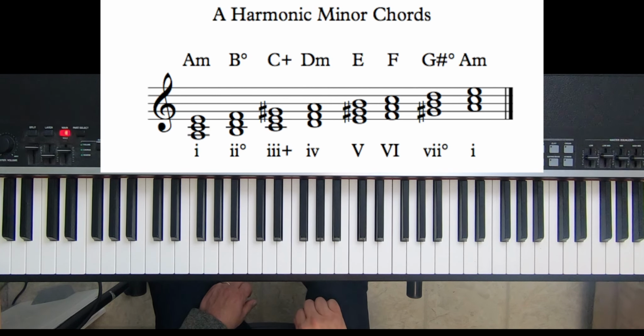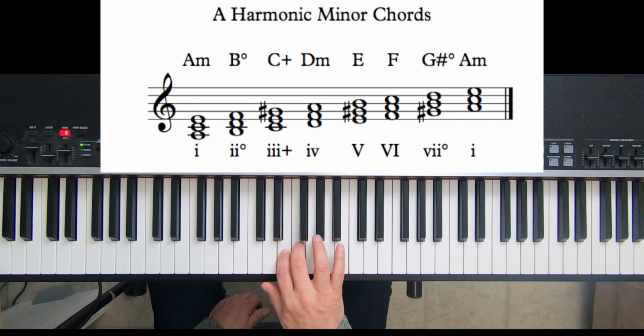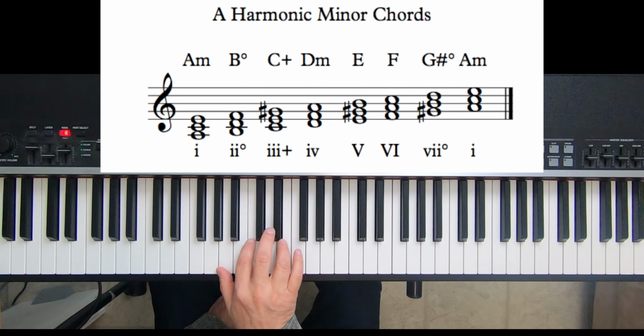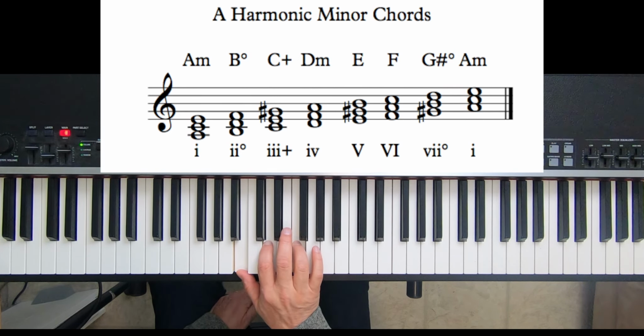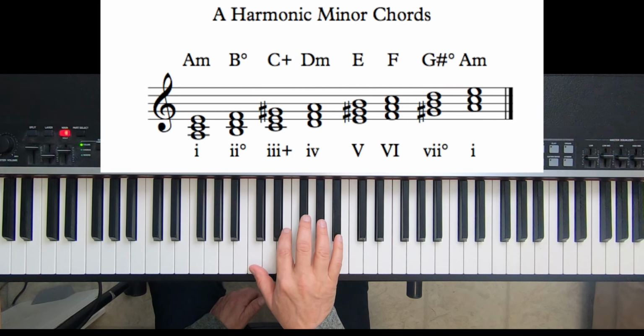Now let's go to A minor harmonic. Here, you remember we added the G sharp. So that's going to affect some of the chords that we build. First chord is the same. So is the second chord. And the third chord now is going to be a little different because you see we've got to add G sharp.